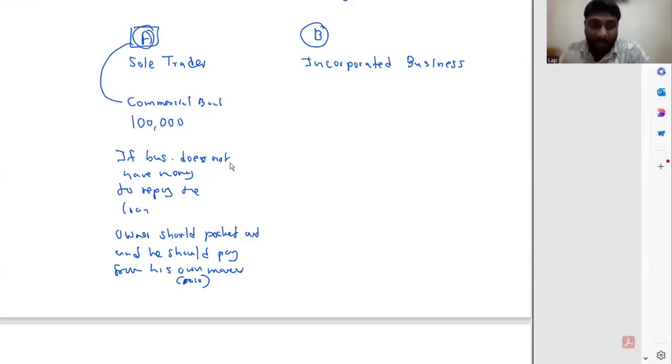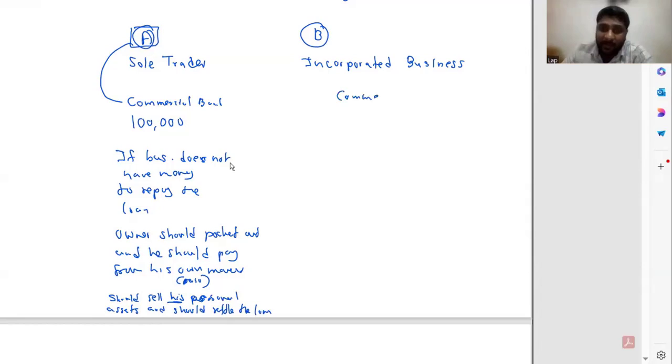If he doesn't have money, he should sell his personal assets. He should sell his house, van, car, personal assets, and settle the loan. Big problem.